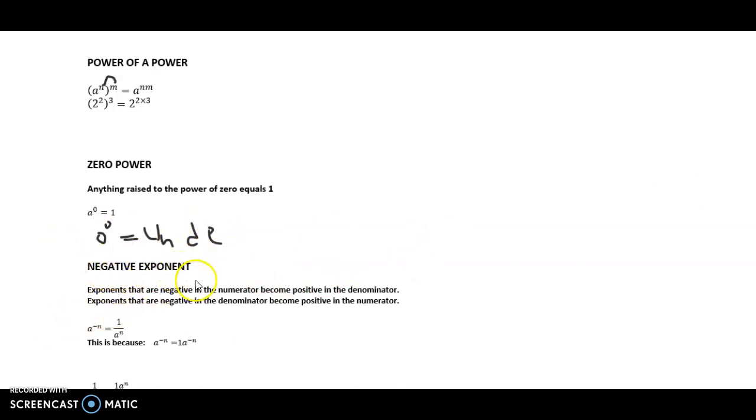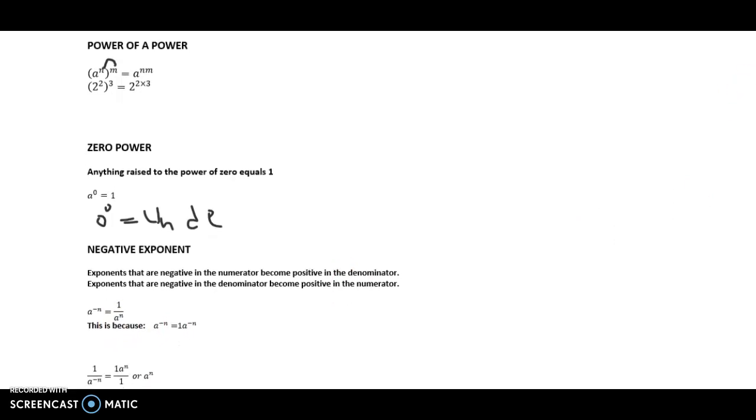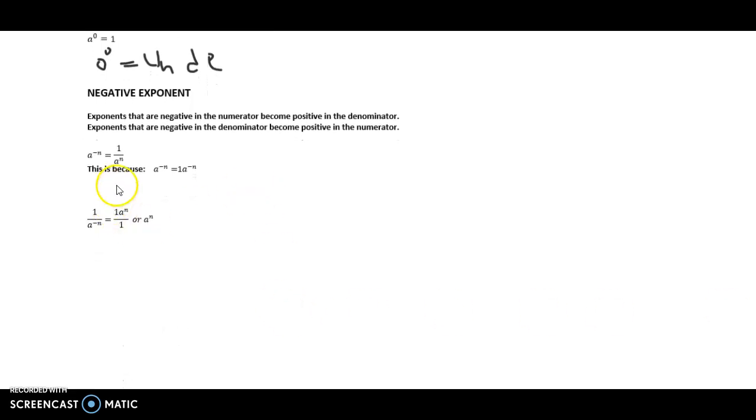Okay, then we have the negative exponent. The negative exponent comes from the fact that exponents that are negative in the numerator become positive in the denominator. That means if the exponent is negative in the numerator, you can bring it down to the denominator and it becomes positive. Another way you can look at it: say we have a to the power of n, making it equal to 1.